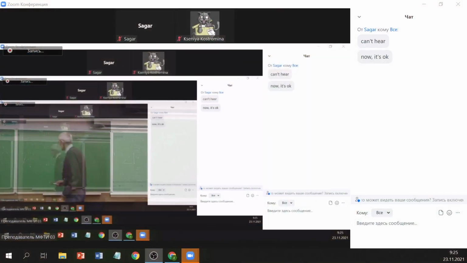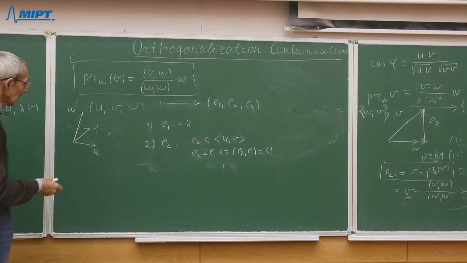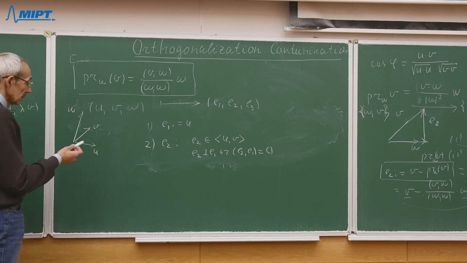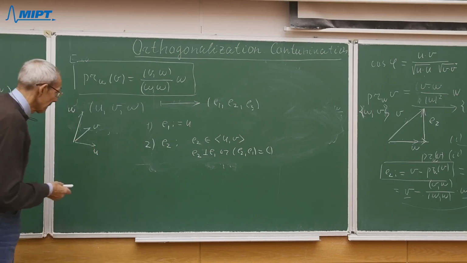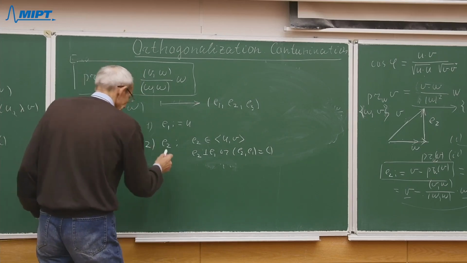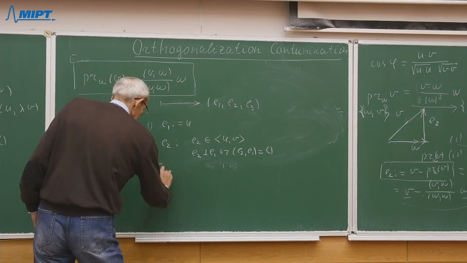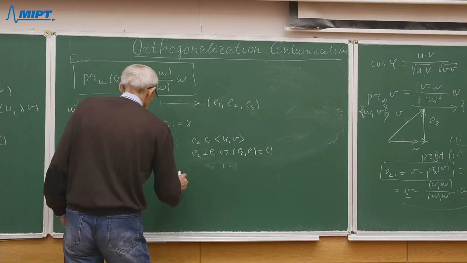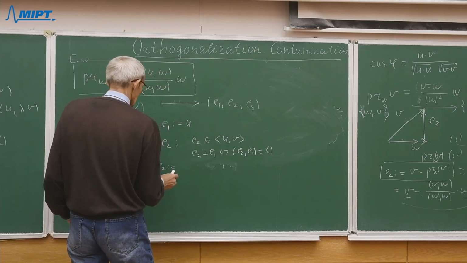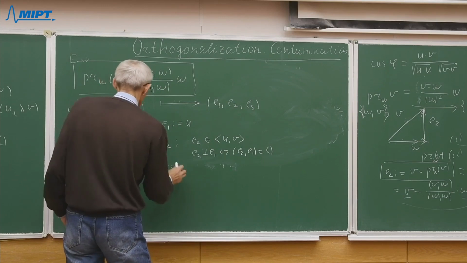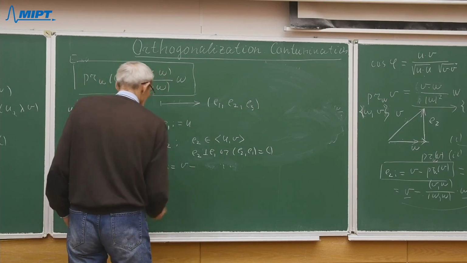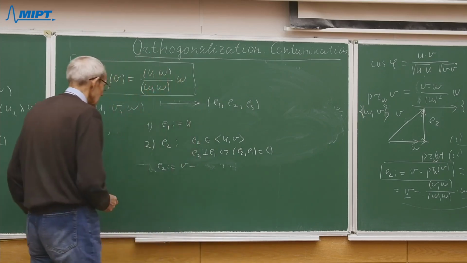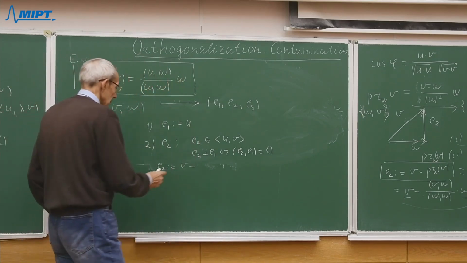The main idea: we repeat in this case the assertion of the previous example and construct the vector e2 as a difference between v and the projection of the vector v on the vector u.